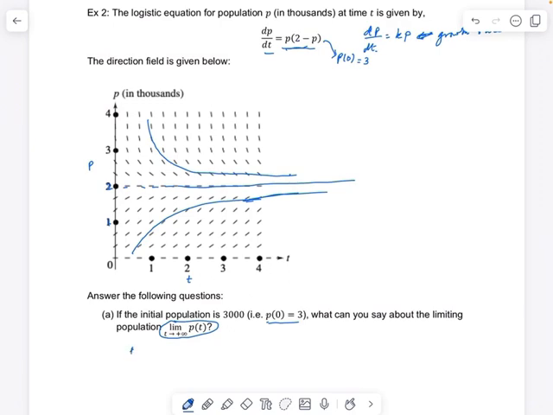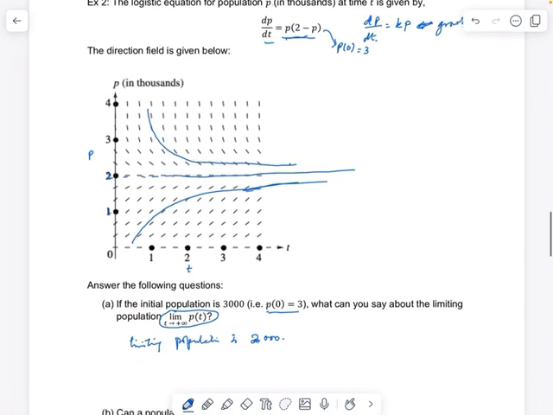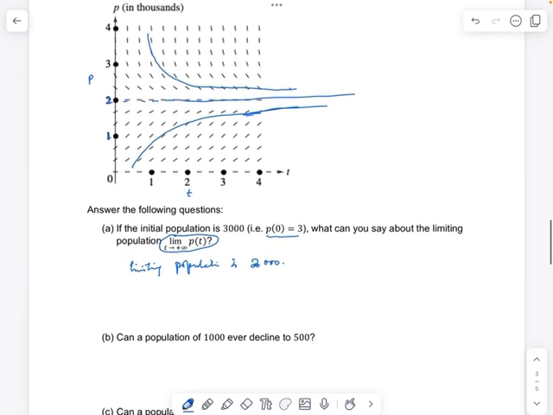So the limiting population will be 2. Well, the value is 2, but the population will be 2,000. So that will be the limiting population. Why? Because from the direction field we see that P at t goes to 2 as t goes to infinity.